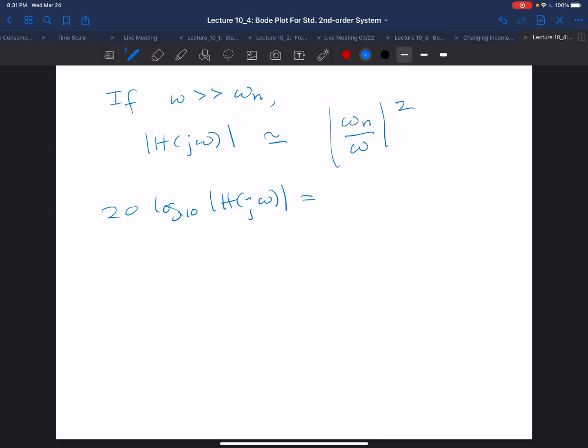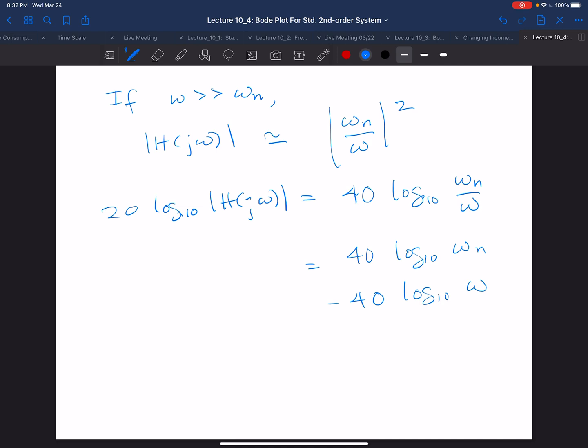So that will give us 40 log to the base 10 of omega n over omega, which gives us 40 log to the base 10 omega n minus 40 log to the base 10 omega.